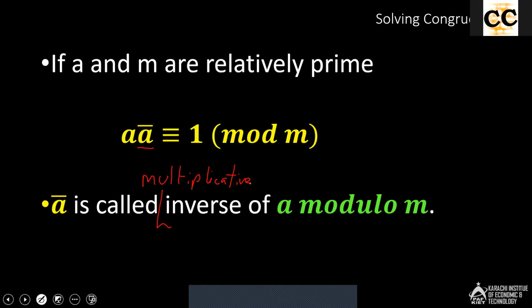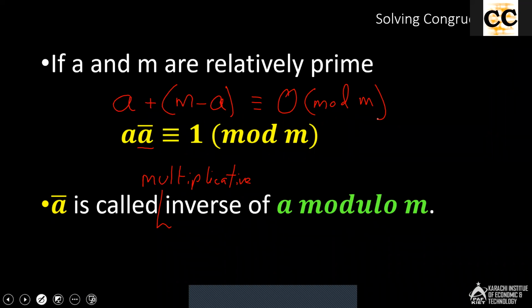We also always have the additive inverse of a, and additive inverse of a was always equal to m minus a, because this will always be equal to 0 in mod m. So the additive inverse always exists. There is no condition for additive inverse to exist.